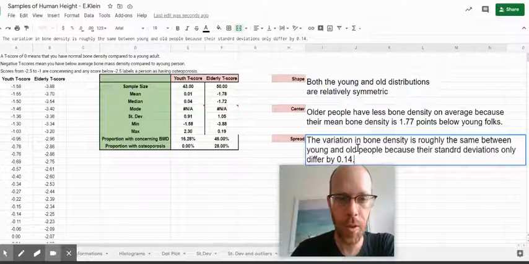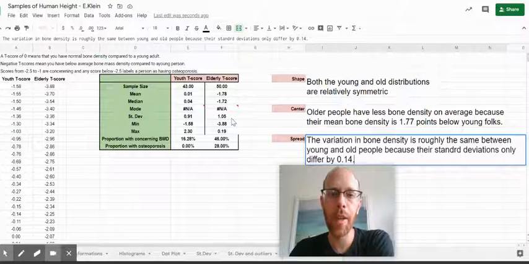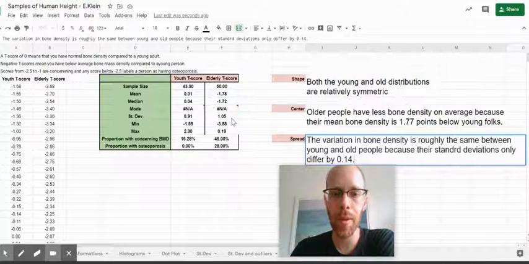I suppose you could also say that there is slightly more variation in the elderly people's scores.